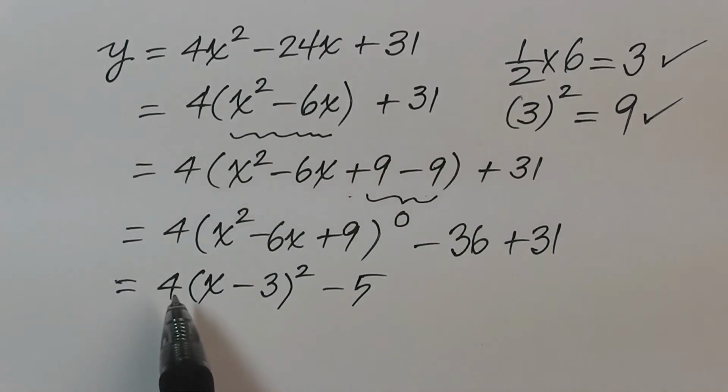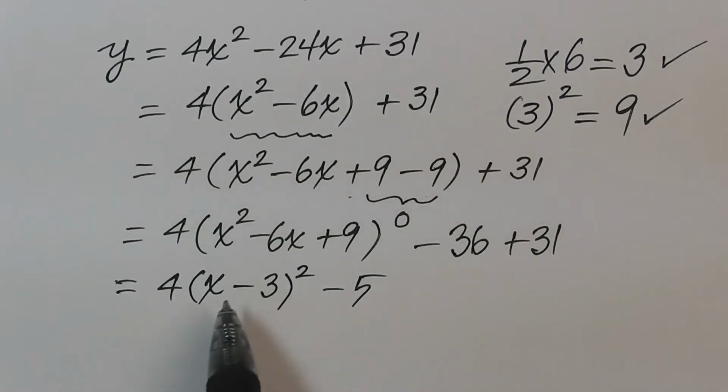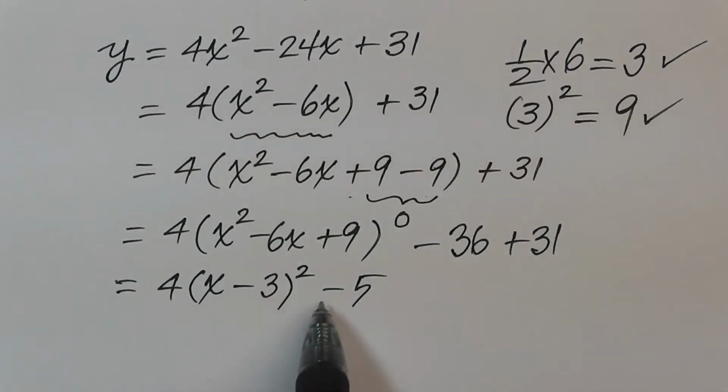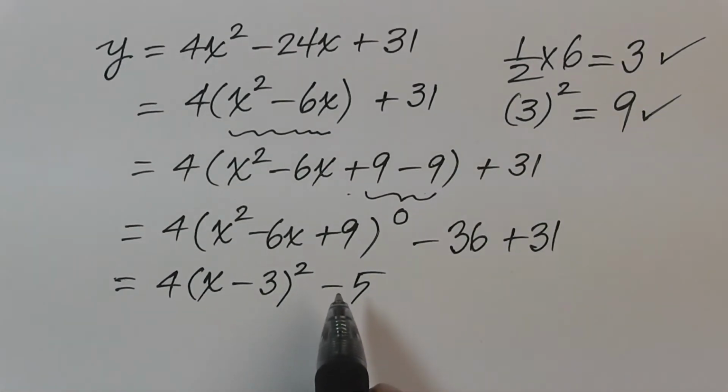So my A is 4. My axis of symmetry is x equals 3. My vertex is 3 and negative 5. And because my parabola is opening up, my minimum value is minus 5.